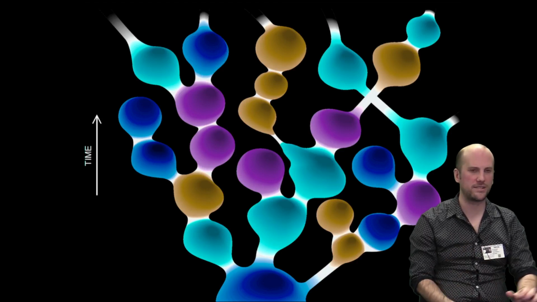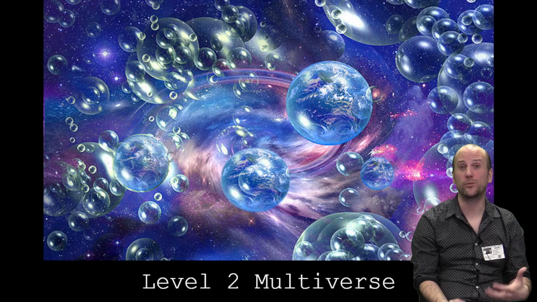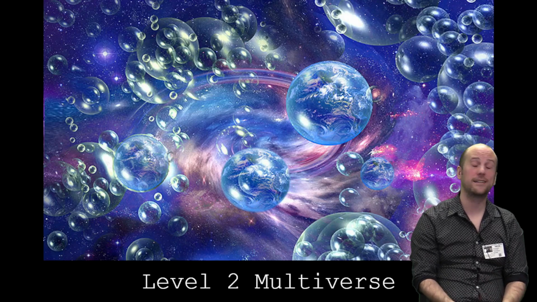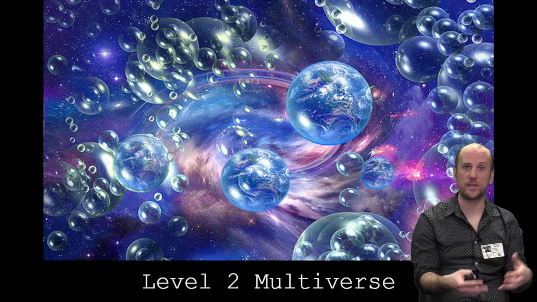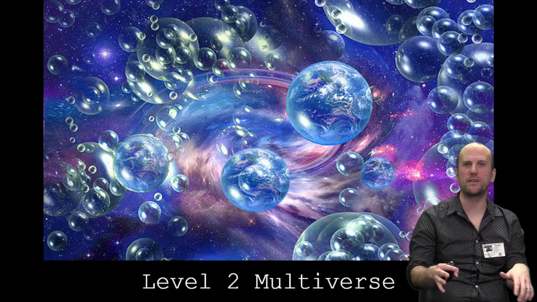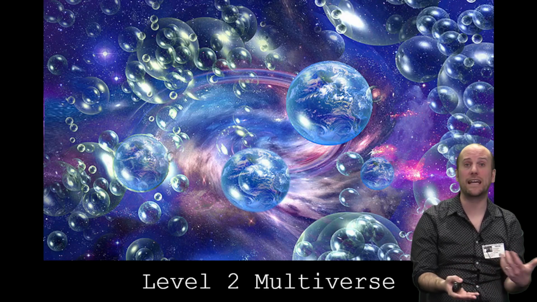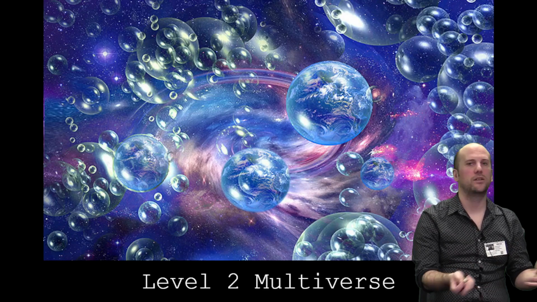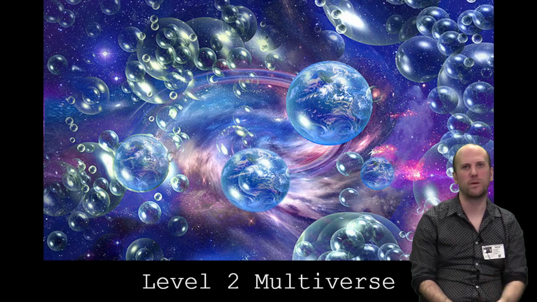So you end up with these bubble universes, or what is called a level 2 multiverse. And then you get back to the same thing we had before. Not lots of copies of you within the same universe, but lots of copies of you across these different universes. Because if there are infinitely many bubbles, you're going to have the same pattern repeat across those bubbles.